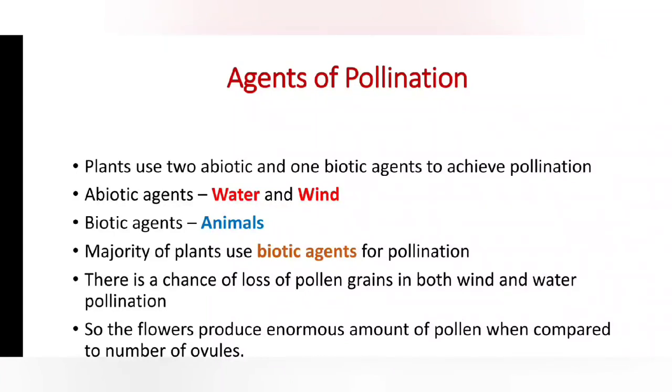Generally, flowers which use abiotic agents produce a large number of pollen grains, so that even if some of them get destroyed on their way, there might be some to reach the female part of the flower.